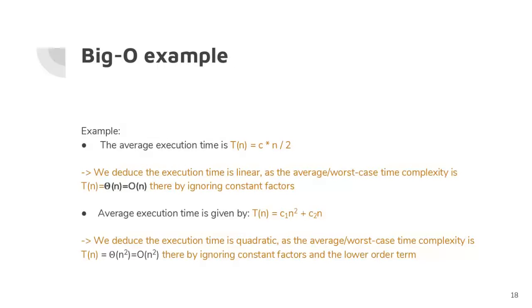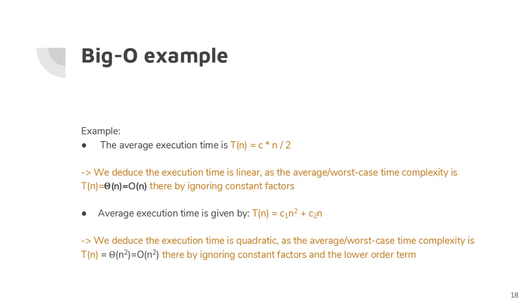So here's an example. We have a function t. It's a constant times n divided by 2, like our search problem. And the average execution time is also a constant times n divided by 2. Here we can deduce that the execution time is linear, and both the average and the worst case time complexity are given by O(n) and theta(n).